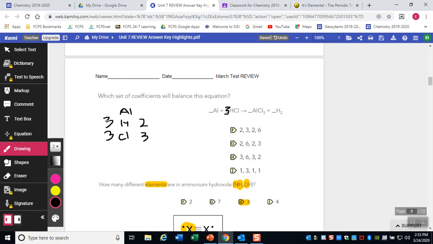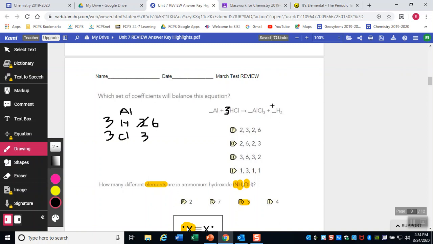So it's kind of like when we were figuring out the formula. I want to have the least common multiple between 3 and 2. So if I count by 3s, that would be 3, 6, 9. And if I count by 2s, that'd be 2, 4, 6, 8. So they both have 6 as a multiple. So how can I get 6 on both sides? Well, 2 times 3 would give me 6.